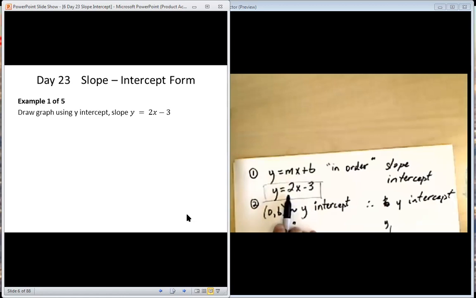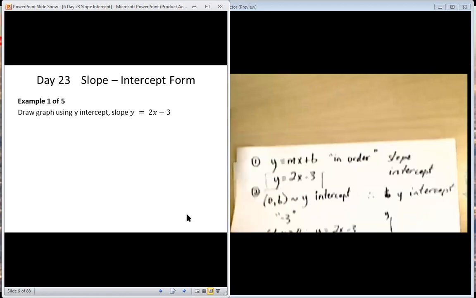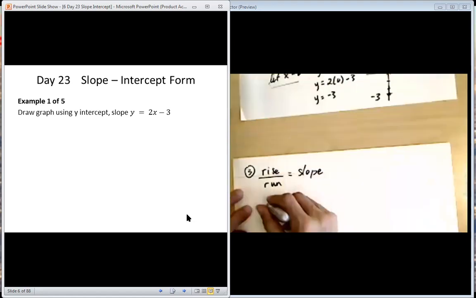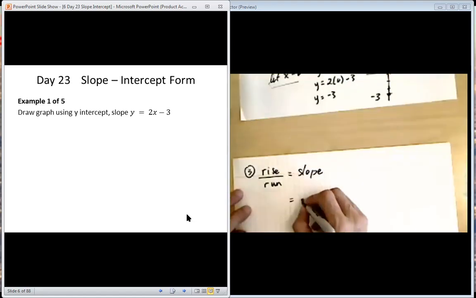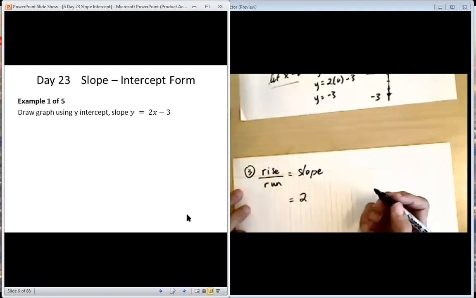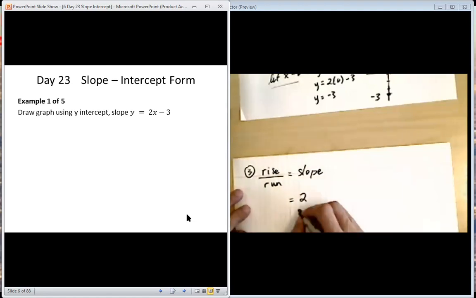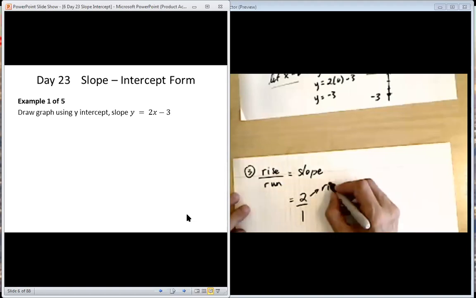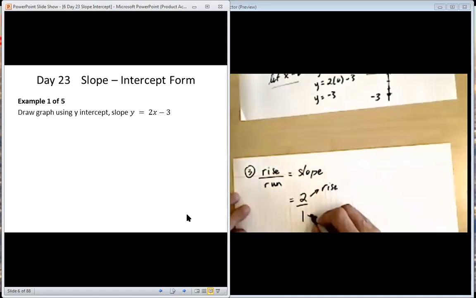So straight up, the slope is equal to 2. And so remember that this is the same as 2 over 1. And so that's the rise, and this is the run.